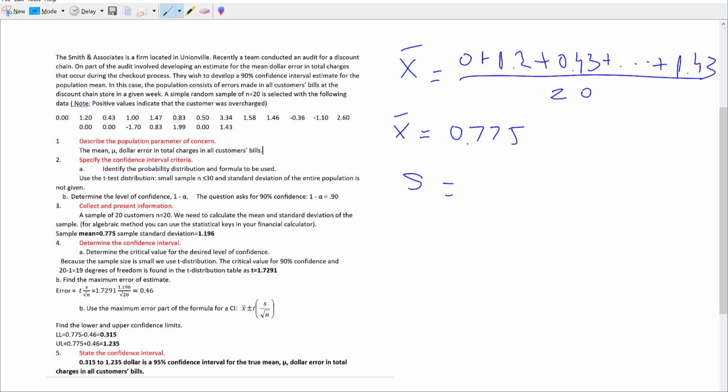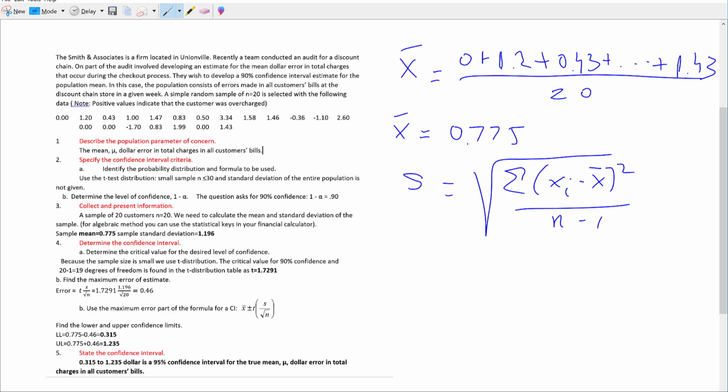So the formula for standard deviation is the square root of the sum of all squared differences between each individual value and the mean of our sample, divided by n minus 1.